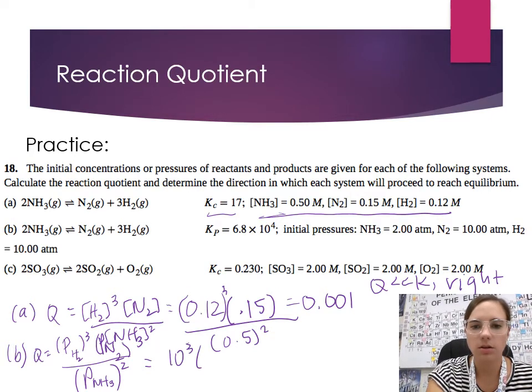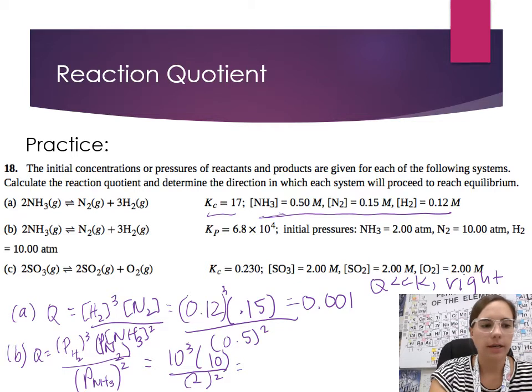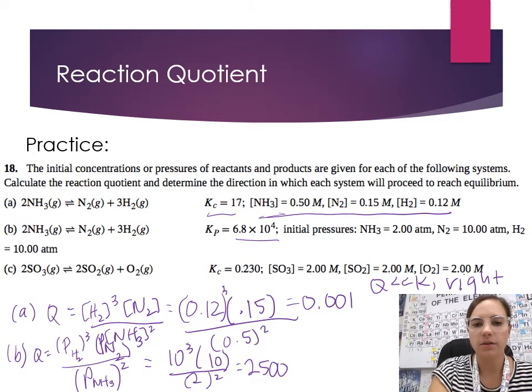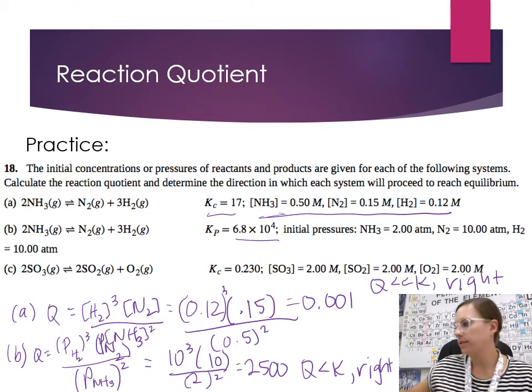So 10 cubed times 10 over 2 squared, and I plug that into my calculator. I get 2,500. Well, K is 6.8 times 10 to the 4th. So Q again is less than K, so I have to shift right.